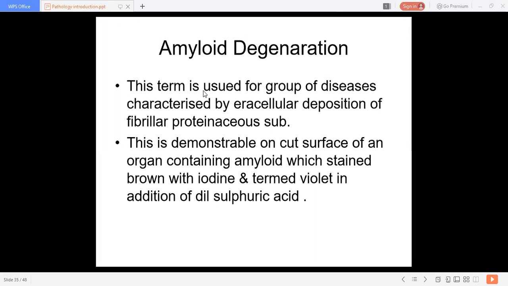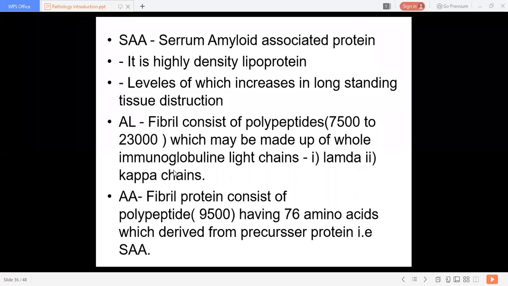Now there are types of proteins that take part in amyloid degeneration. There are three types of proteins. The first is SAA, that is serum amyloid associated protein. It is a precursor protein, and it is a high density lipoprotein.